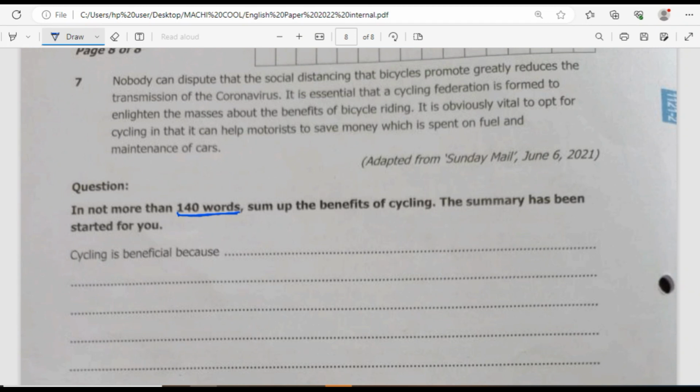So here you have to be very careful in terms of summarizing. Let me write the points that help to summarize.